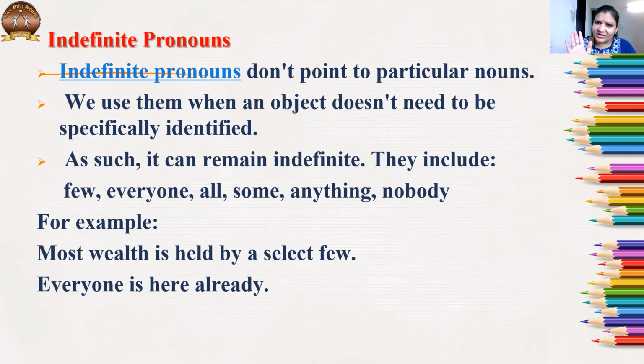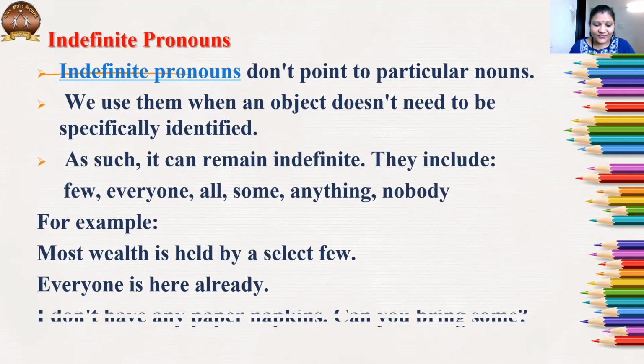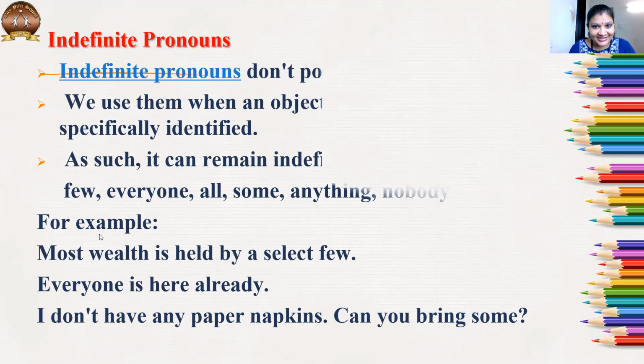I'm just saying everyone is here already. If I say each one of them is here already, then I'm pointing at them and saying that. So that is the difference between indefinite and distributive. Just one word and the whole meaning changes. I don't have any paper napkins. Can you bring some? So, some, I'm not specifying what number, right?